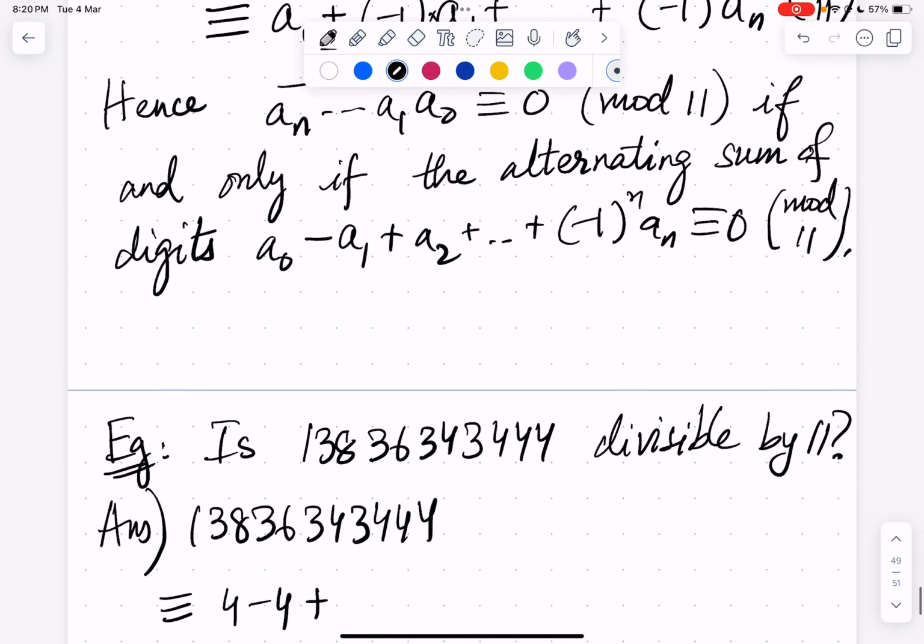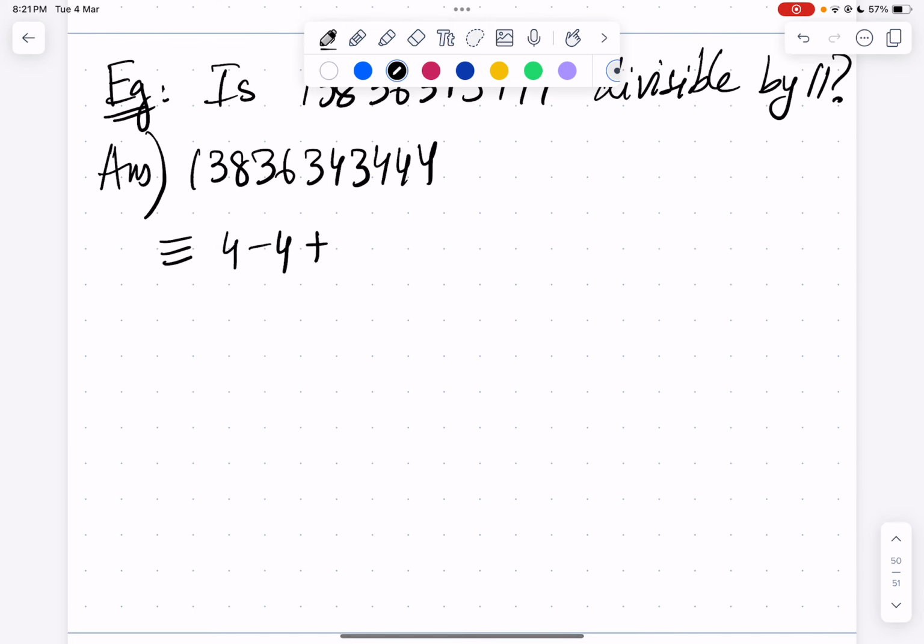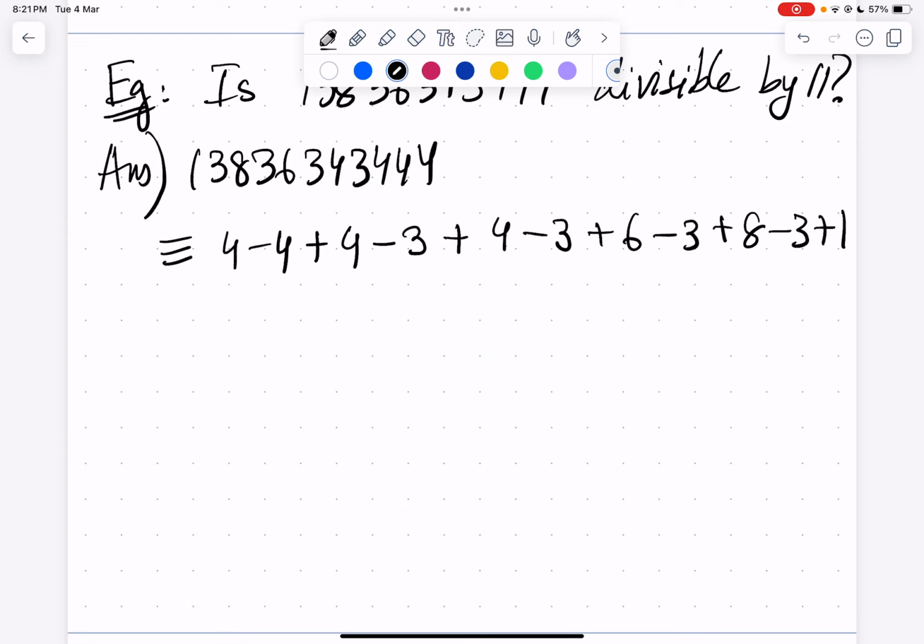So you take a_0 minus a_1 plus a_2 and so on till minus 1 power n. So a_0 is 4, a_1 is 4, so minus a_1 is 4 minus 4, plus a_2, minus a_3 is minus 3, and so on, plus 4 minus 3 plus 6 minus 3 plus 8 minus 3 plus 1. So this is this mod 11.